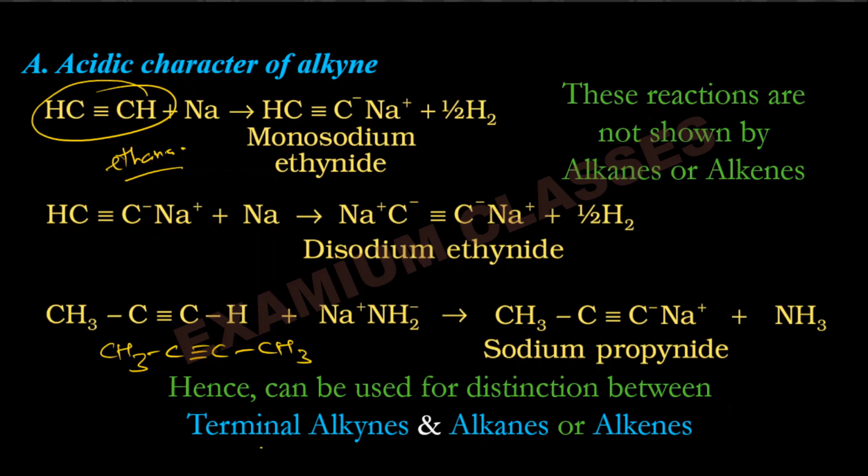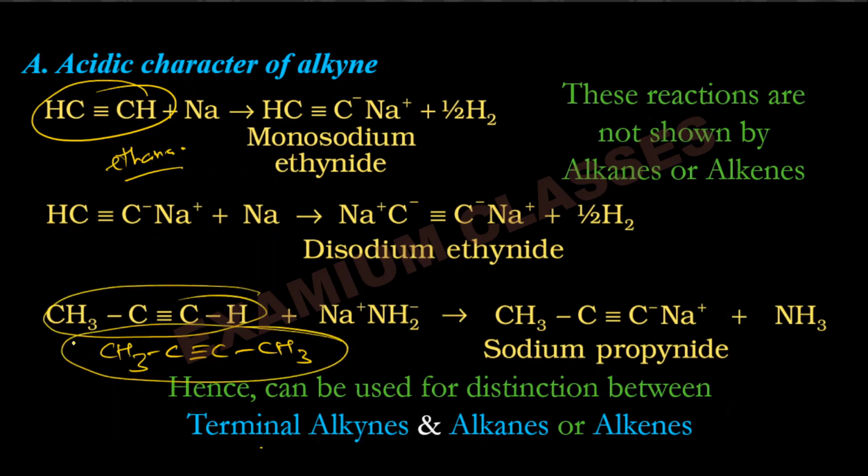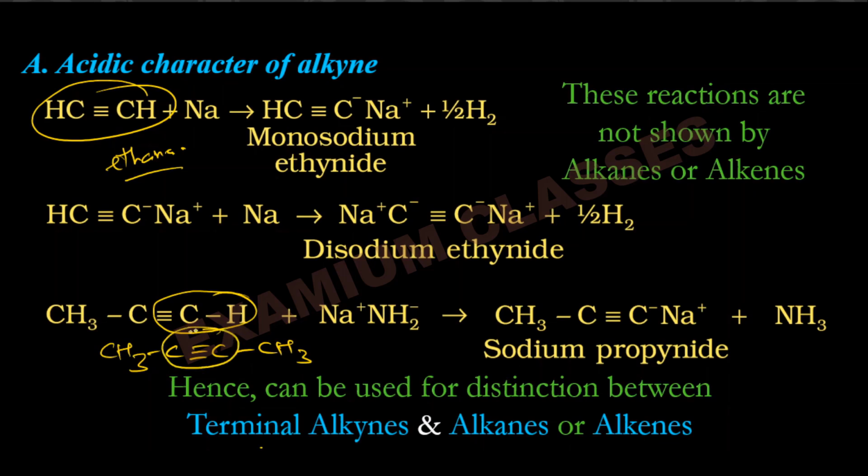And you can also use this to distinguish terminal and non-terminal alkynes. So within alkynes also you can distinguish if one alkyne is terminal and the other one is non-terminal.